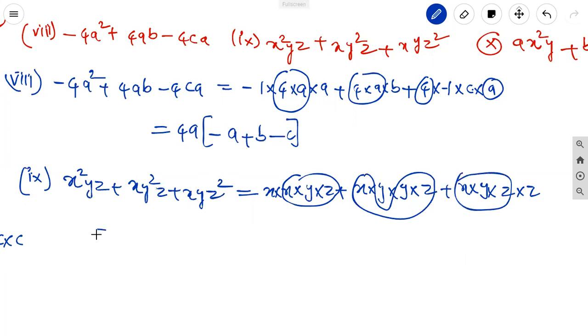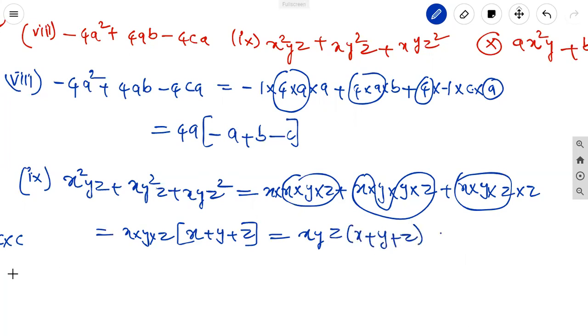So we can take out x into y into z. The remaining terms we write x plus y plus z, equal to xyz into x plus y plus z. Next, 10th one. ax square y plus bxy square plus cxyz.